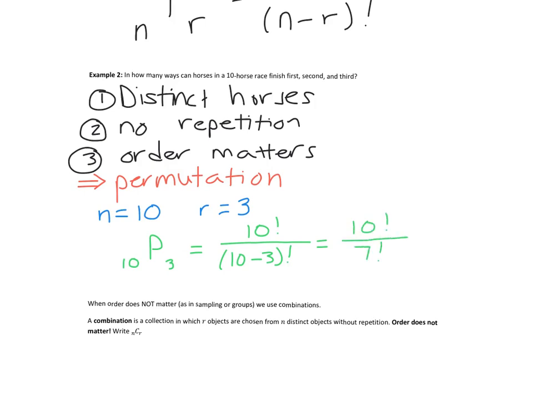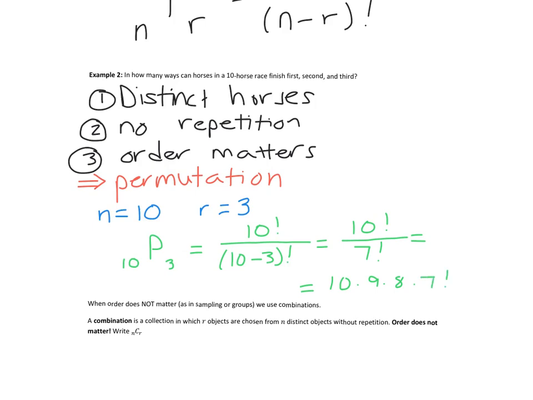Okay, so one way that's helpful to do these factorials, I like to rewrite the numerator in terms of the bottom factorial. This is how I would write this to solve it. I'll start down here: 10 times 9 times 8. And now instead of writing 7 times 6 times 5 times 4 times 3 times 2 times 1, that's the same as 7 factorial.